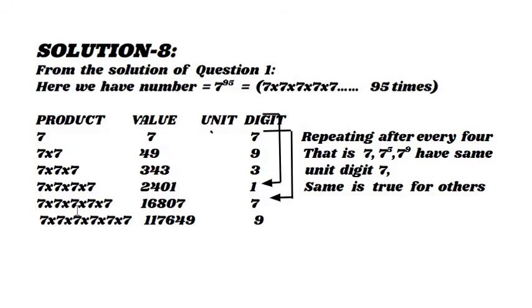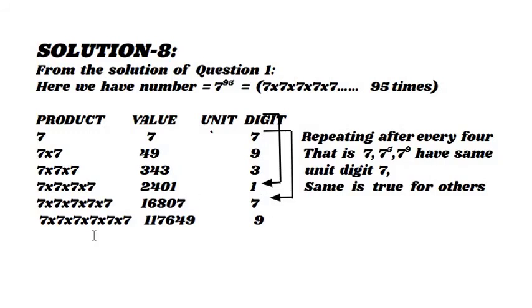7 raised to the power 5 is 16,807 with unit digit 7, and 7 raised to the power 6 has unit digit 9. I'm sorry guys, because the positions of these arrows are wrong, but here you can see that 7 is repeating after 4 and 9 is also repeating after 4.